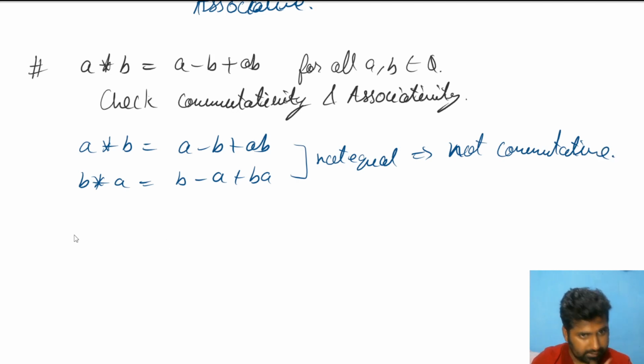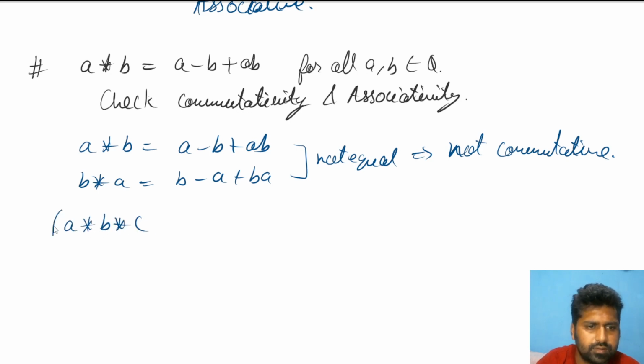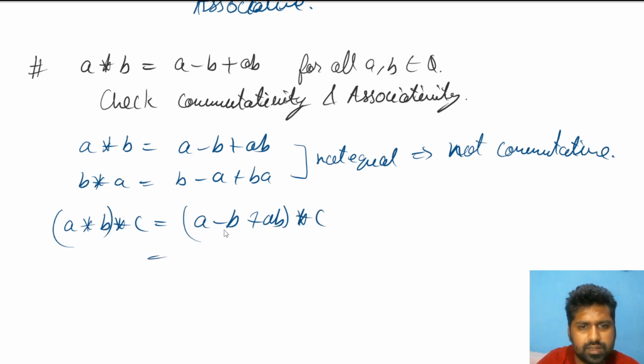Same way, now check A star B star C. First of all, this becomes A minus B plus AB star C. Now what does the operation do? First subtract them and then add their product.